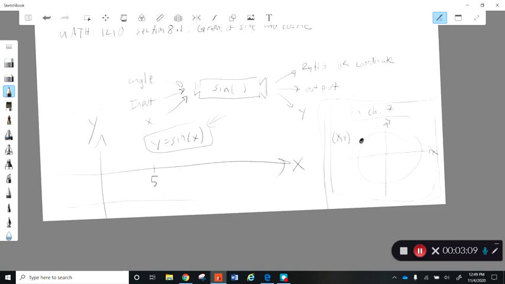Over here, we'd have 5 as an angle. Those are the things that correspond. And then if this is sine of x, then sine of 5 is going to be a y coordinate over here, whereas over here, sine of 5 is going to be that y coordinate.